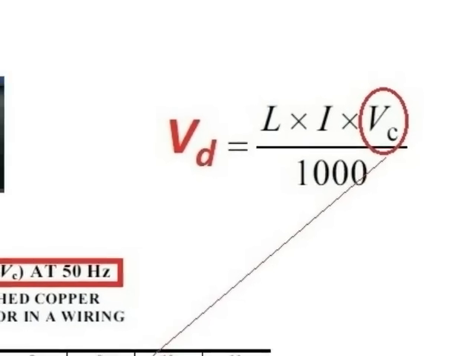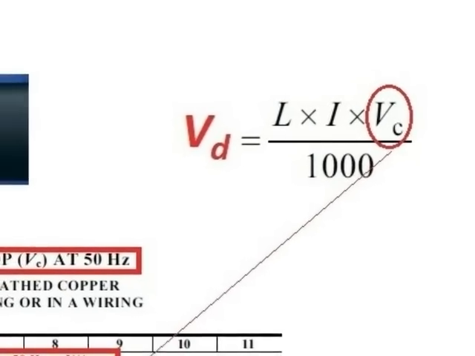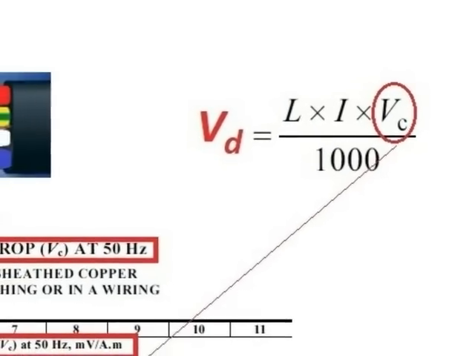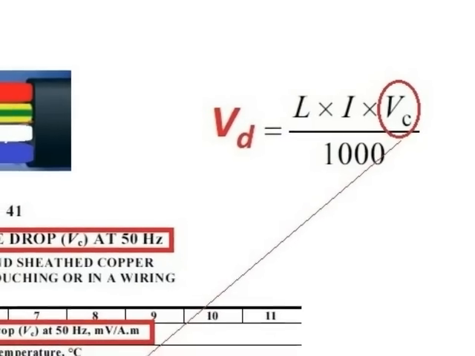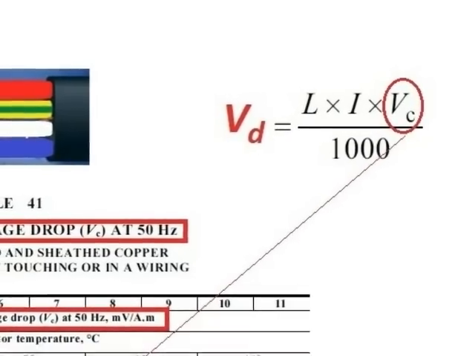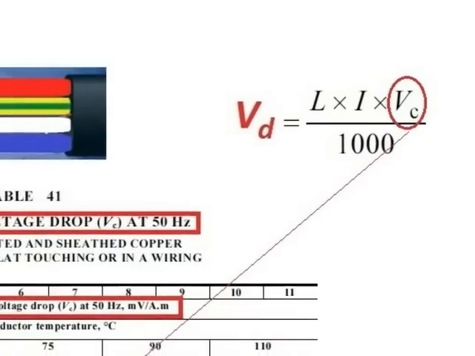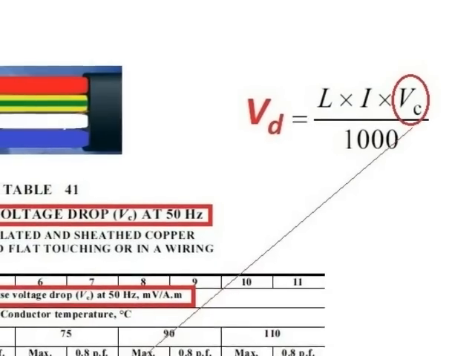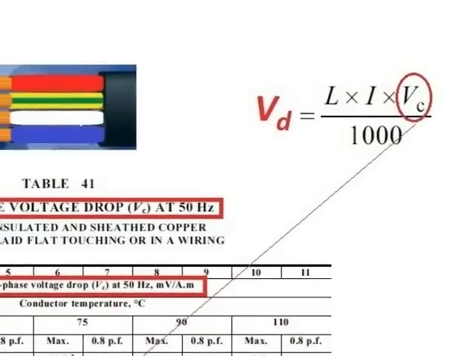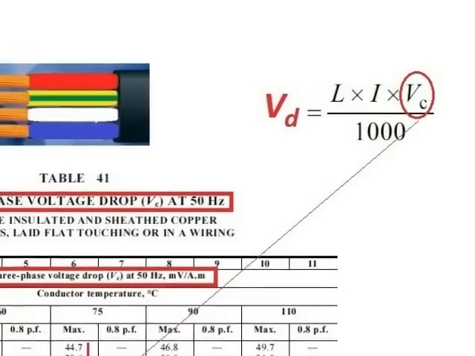Now, in this case, I'm going to use the VC to determine the actual volt drop that's going to occur when my cable has the full load current flowing through it. So again, I've got a three-phase circuit, so I'm going to go into my three-phase table.